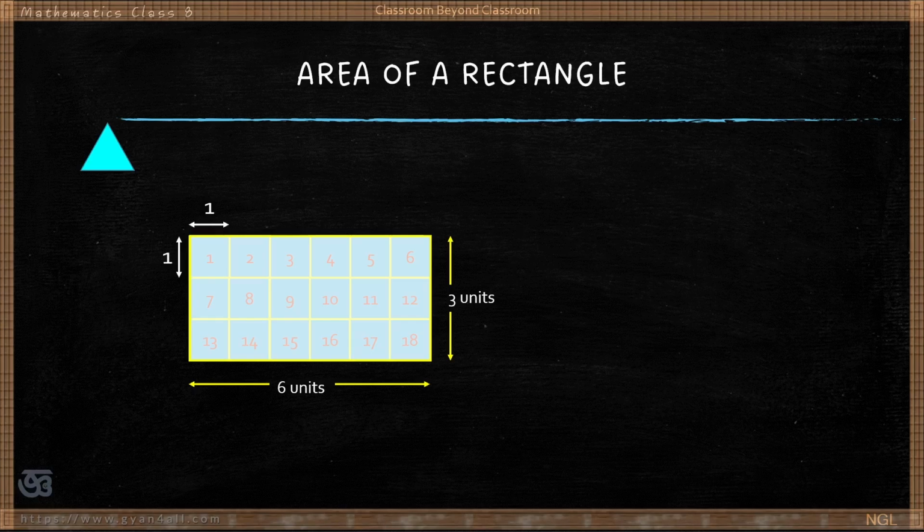So these 6 units is the length of one side of the rectangle, and 3 units is the length of the adjacent side of the rectangle, and they are perpendicular to each other. So what we learned: the area of a rectangle is equal to side multiplied by side only because these sides are perpendicular to each other.